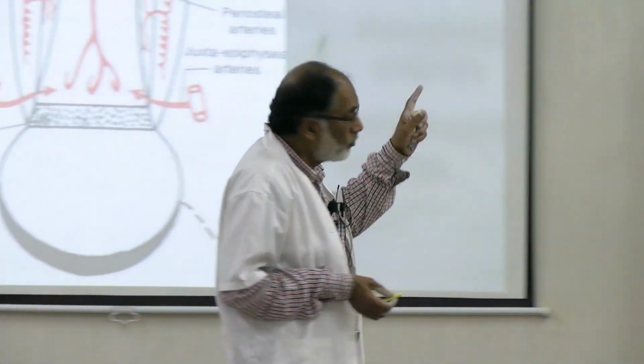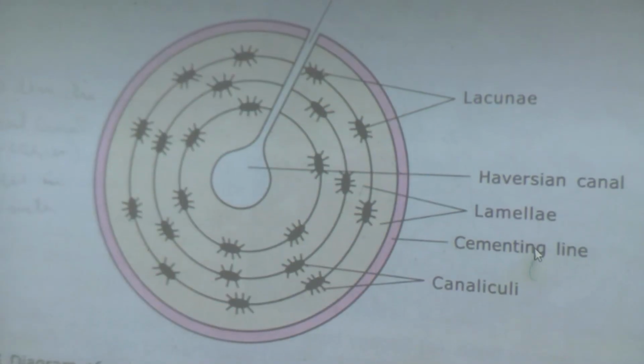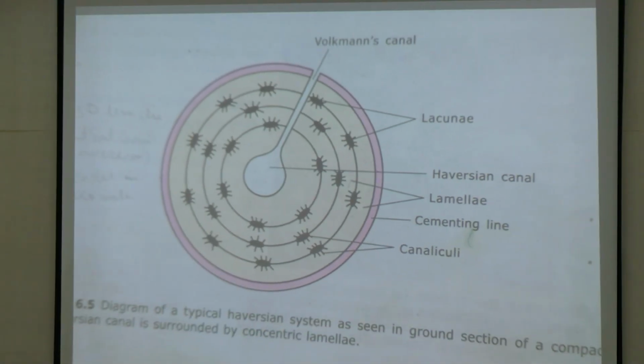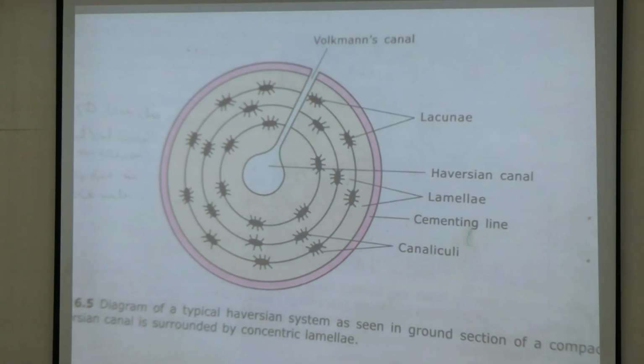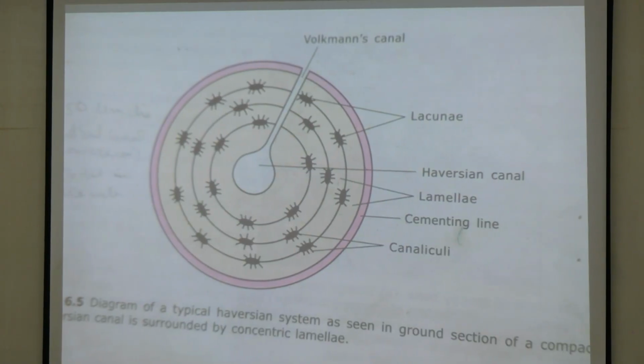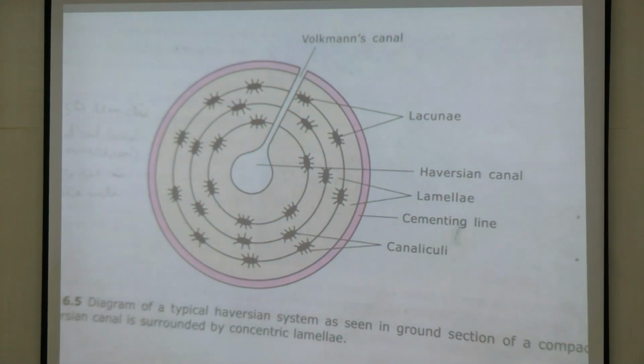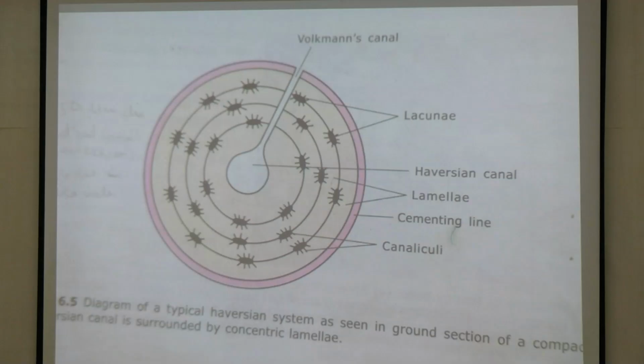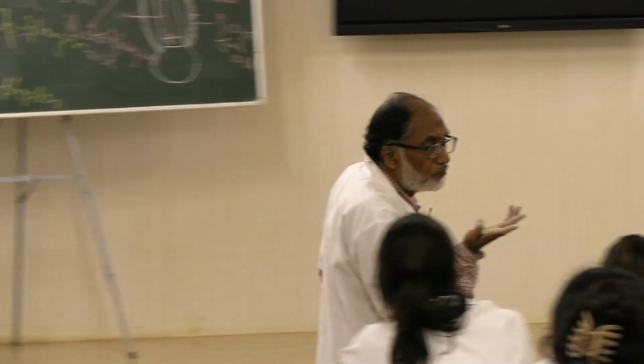So these are the 4 types of epiphysis. Structurally, what types of bone are there?